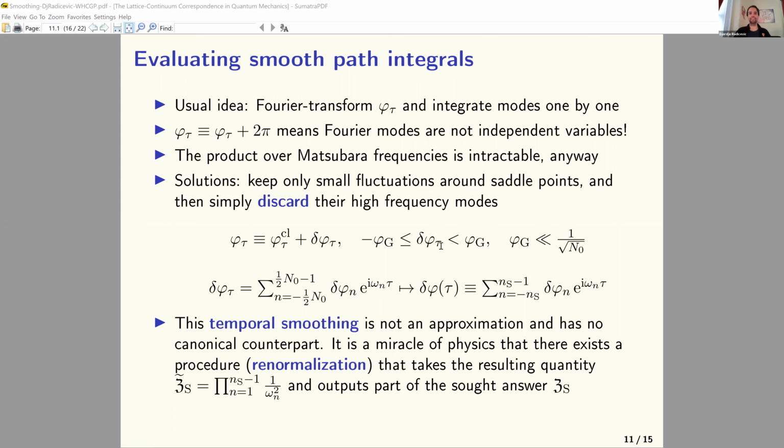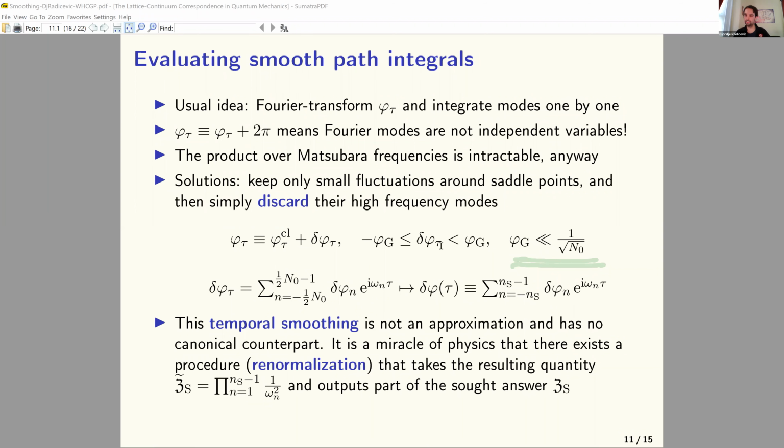Fair enough. This is something that you can do, and in particular, you can convince yourself that this is a good cutoff to choose. If you choose to keep only configurations that are this close to a saddle point, you will approximately get the correct answer.